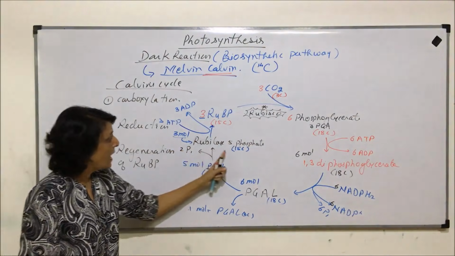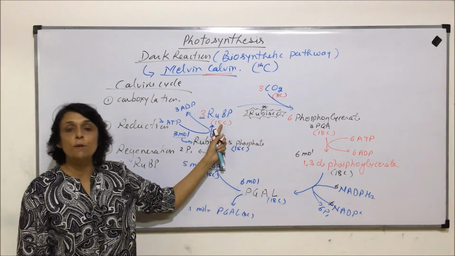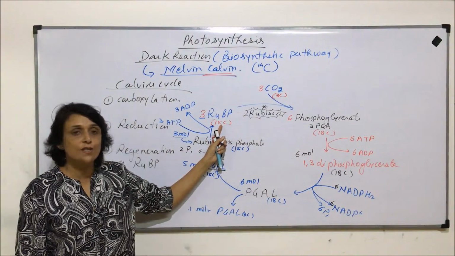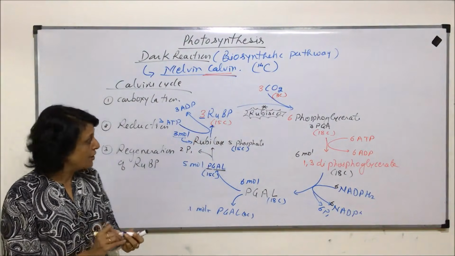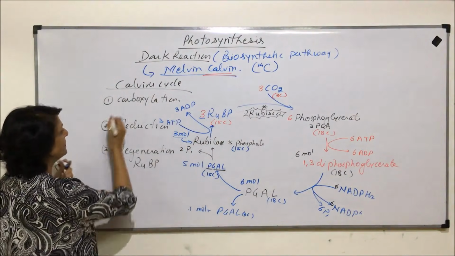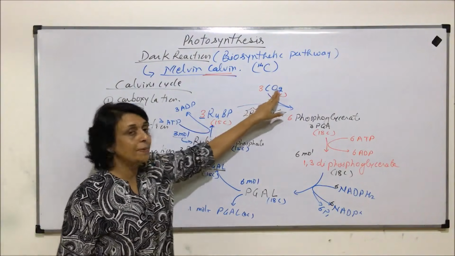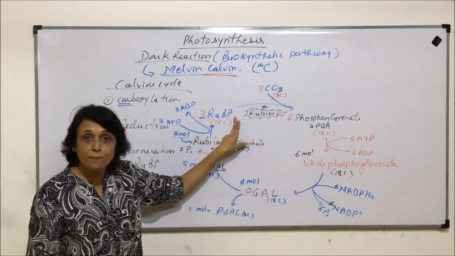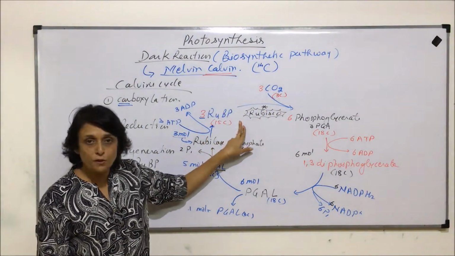Again, how many carbons are here? 15. And the RuBP, that is ribulose bisphosphate, which is regenerated, also has 5 carbons. So in the first step, that is carboxylation, carbon dioxide was accepted by RuBP, ribulose bisphosphate.